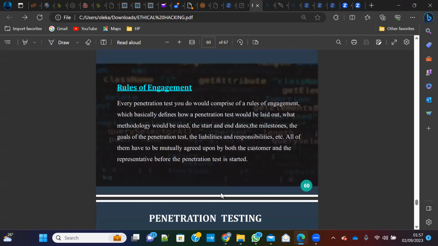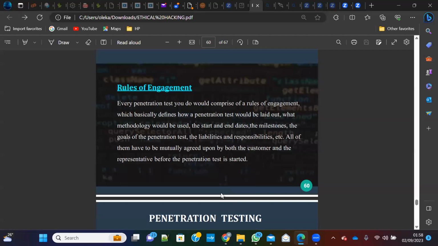In the rule of engagement, this is where you tell the company the methodology that you are going to use to conduct the test. This is where you specify how you want the test to be laid out. This is where you explain the dates where you are starting and the dates where you are anticipating to stop. You also specify the goals and the liabilities of that penetration test. So you need to state all these things in a rule of engagement.